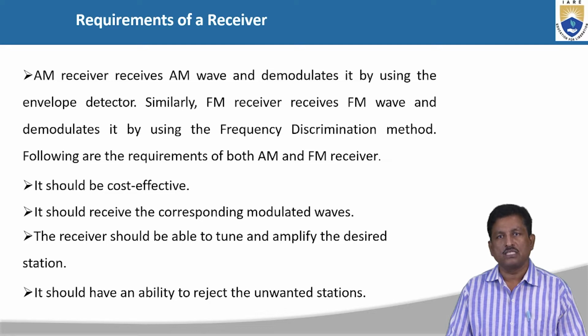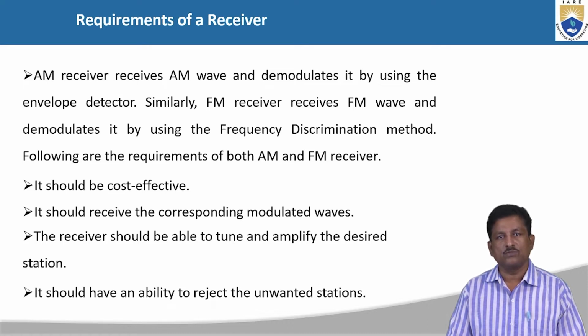First, any receiver has to receive the correct, concerned modulated wave. Based on the selection of the frequency component, you can retrieve the concerned demodulated wave, the wave transmitted by the transmitter. The same wave can be selected or tuned by the receiver. Then the cost of the receiver should be effective.